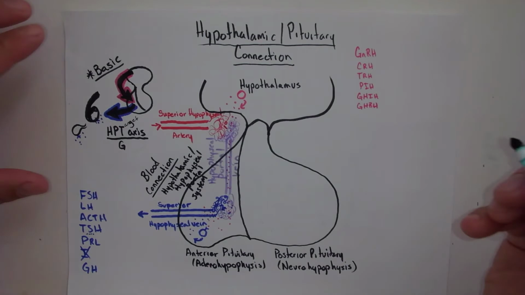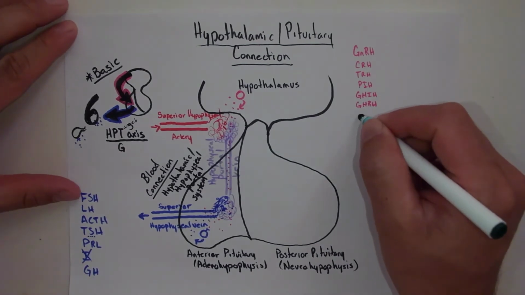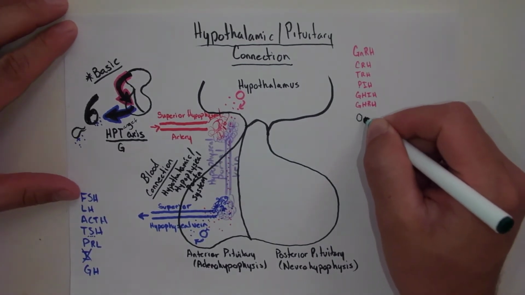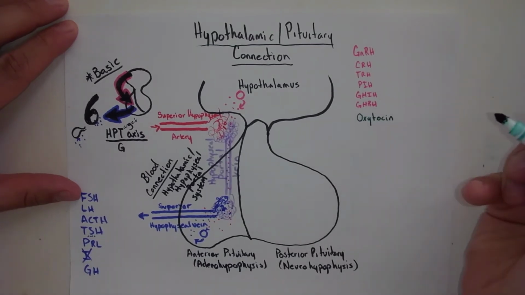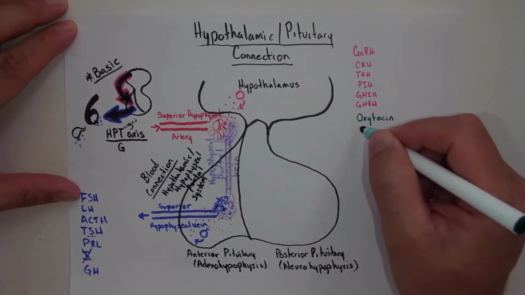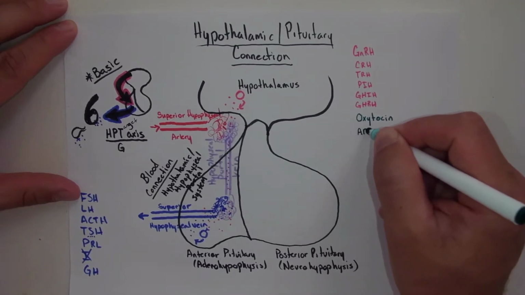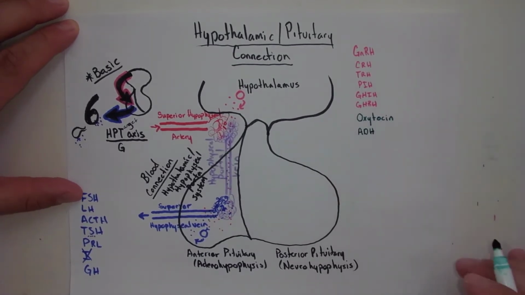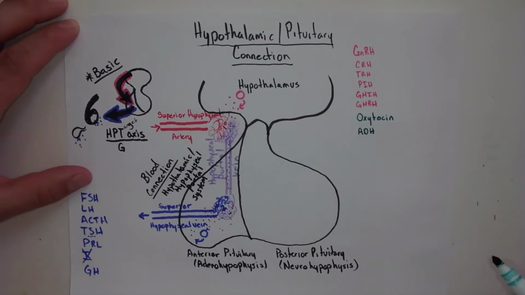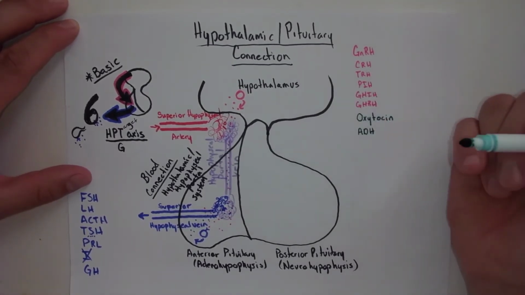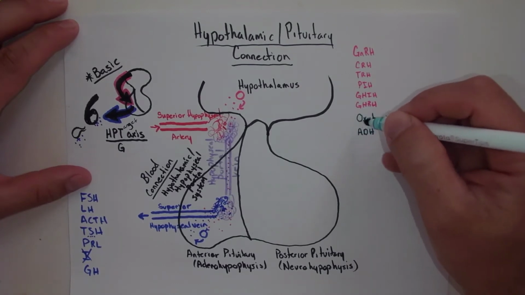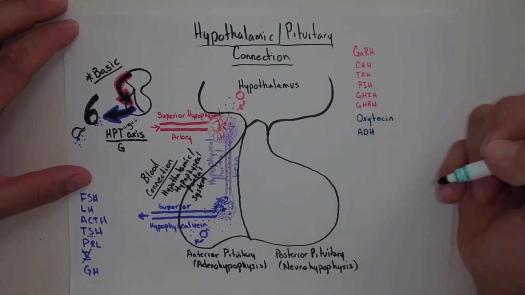I left off oxytocin and antidiuretic hormone, or ADH. These 2 hormones are made by the hypothalamus, and I want you to know the exact nuclei that make them.